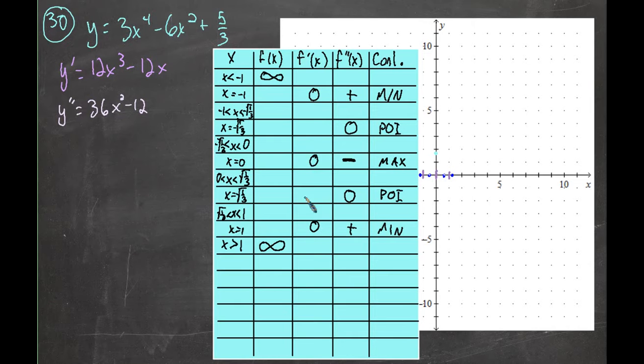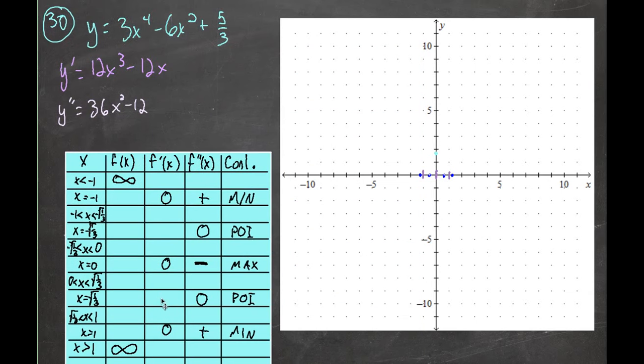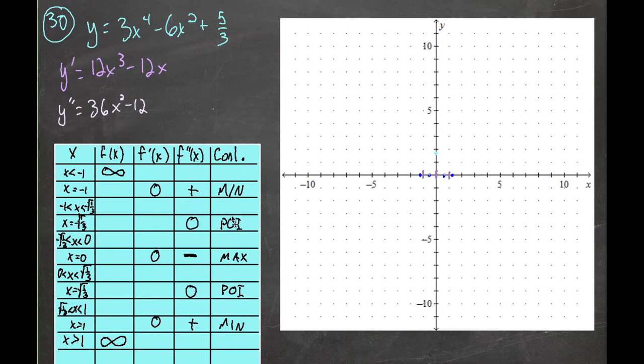So now what we need to do is to actually know where those points are, those maxima, minima, points of inflection. Where are they, right? So we actually have to know the value of f of x to do that, okay? So where is this minimum? Well, I have to plug -1 into this function, right?